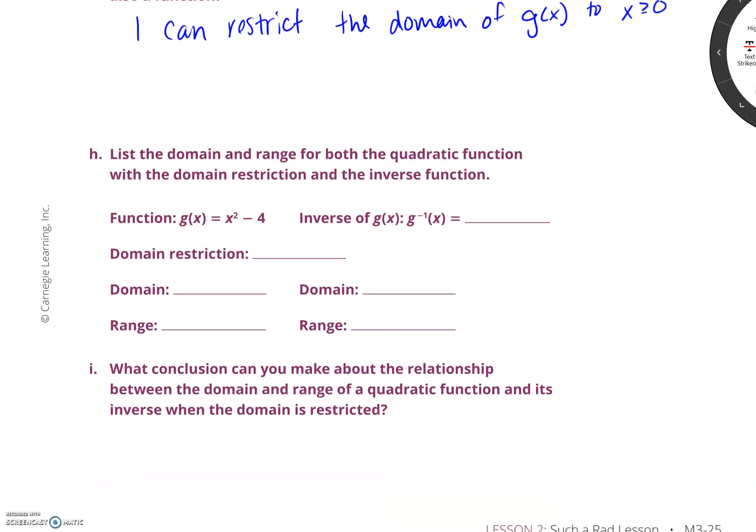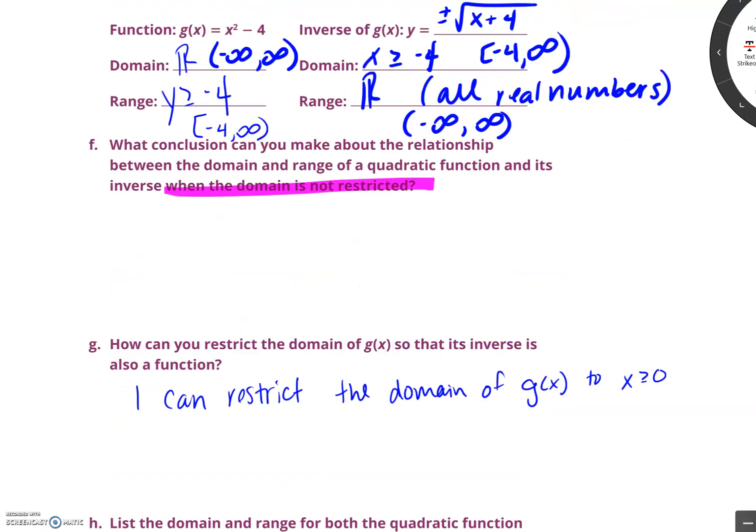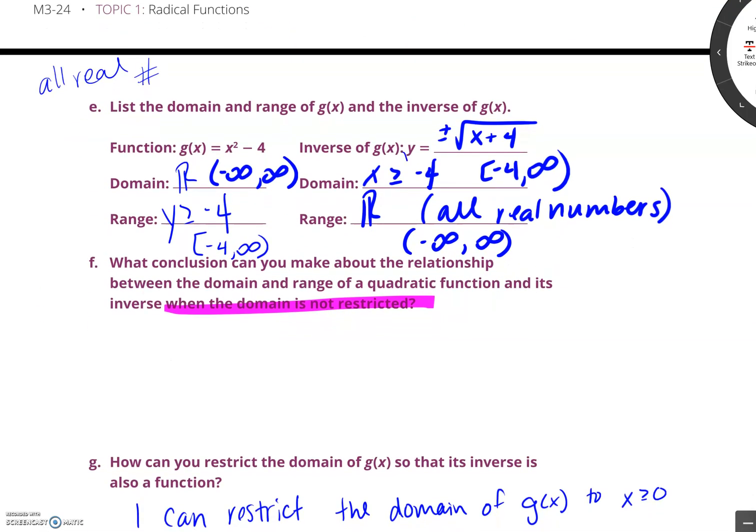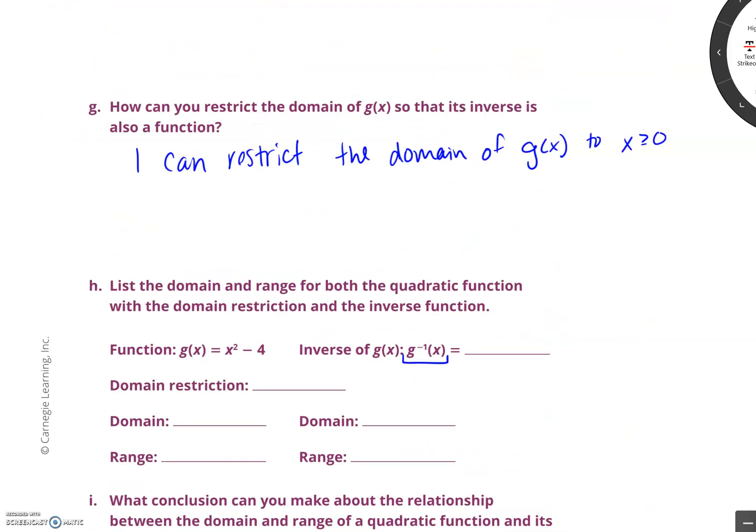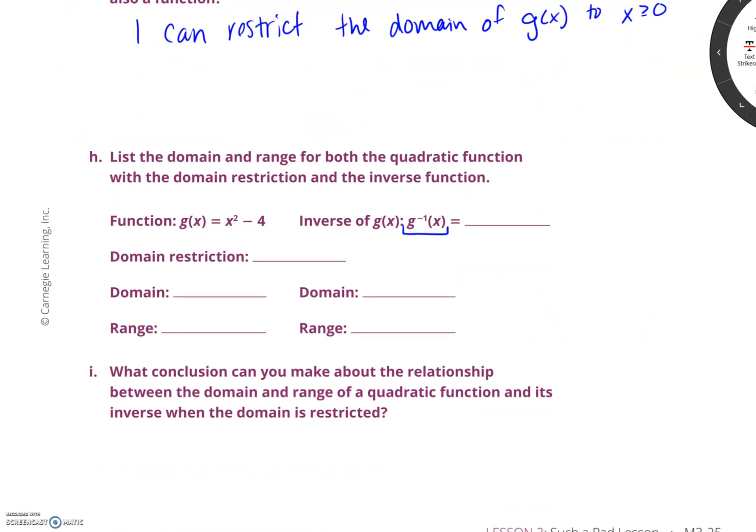So when we restrict it to that, notice our notation changed from y equals to g of x, and then that little -1 power, that is the symbol for inverse. Now we no longer have that plus minus, it's just positive.